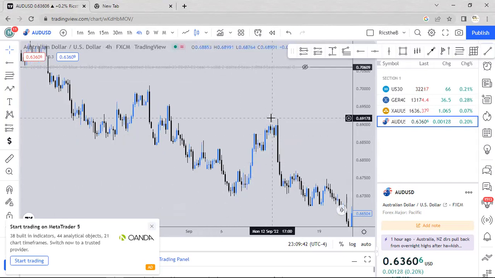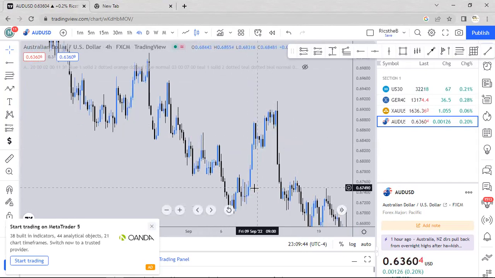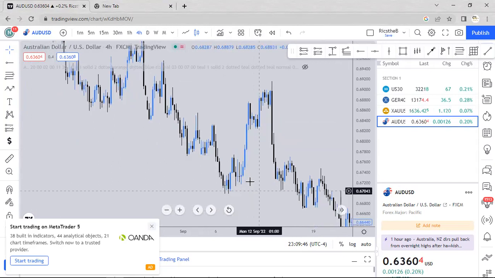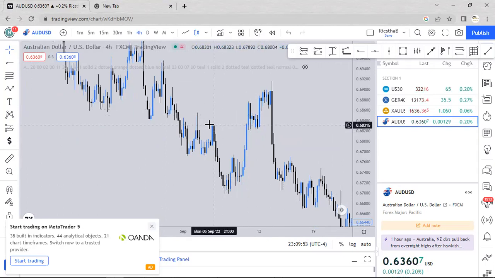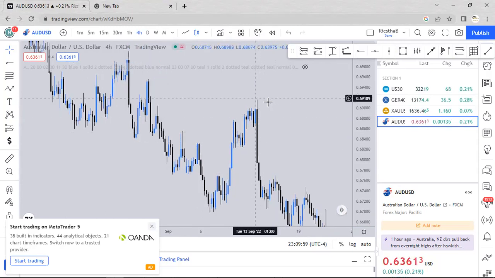Then you can see some shift in the trend where we had the formation of a higher low. Why? Because price never went past this area, higher low, then it pushed all the way, broke structure here, created a higher high, then now we have again a higher low, and so on.